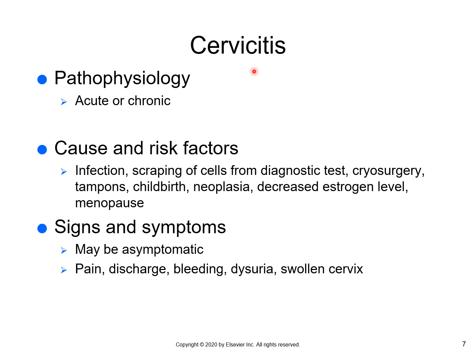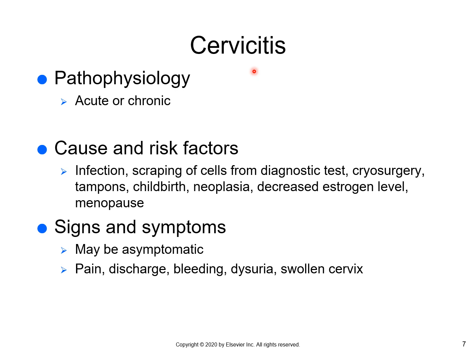Well, this is an inflammation, so it could be caused by a variety of agents: infectious organisms that can cause infection, a scraping of cells from diagnostic testing, one example being the dilation and curettage earlier on, cryosurgery, tampons, childbirth, neoplasia, decreased estrogen level, and menopause.